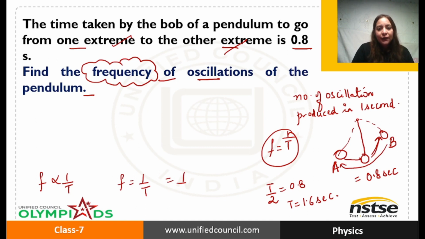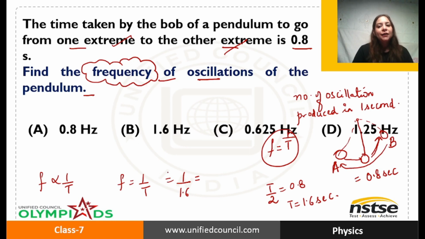So we can put the value of T as 1.6, and if you solve for it, you will get your answer. The answer in this case, if you solve 1 by 1.6, comes out to be 0.625, and the unit for the frequency is obviously hertz. So the correct answer is option C.